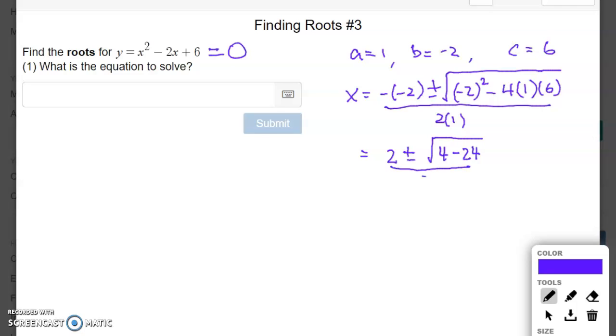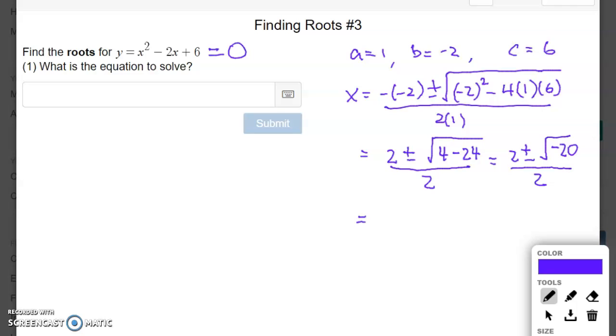All over 2, which is the same as 2 plus or minus the square root of 4 minus 24, that is negative 20. I'm not going to make the same mistake again. So it's going to be 2 plus or minus the square root of negative 20, over 2.